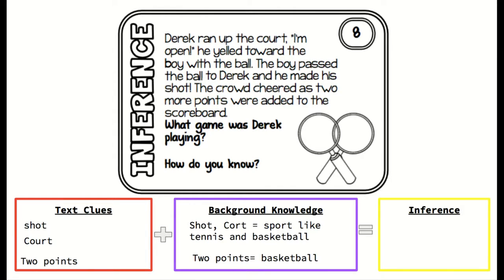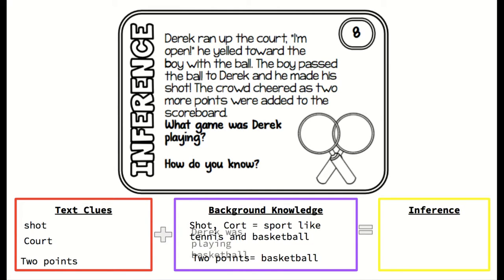I also know that 2 points is used in basketball. Every shot is worth 2 or 3 points, and it's not used in tennis. When you score a point in tennis, that's only 1 point. So taking what I read from the text and what I already knew, I'm going to make my inference now.